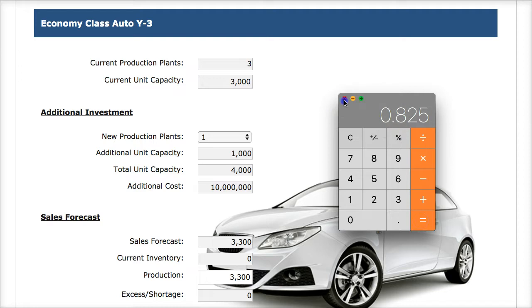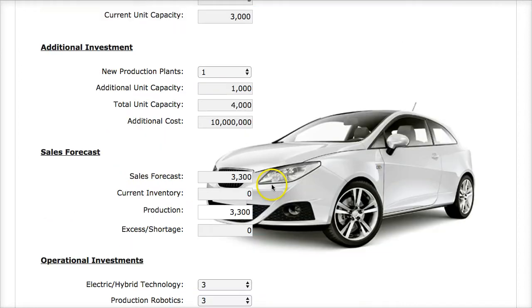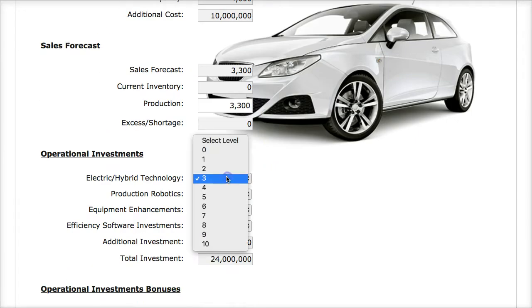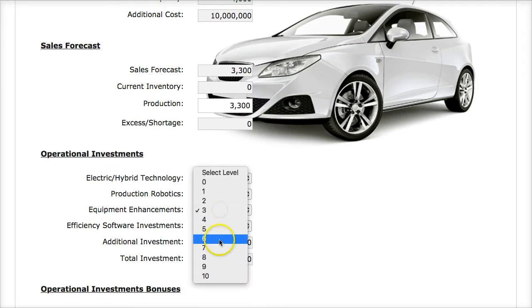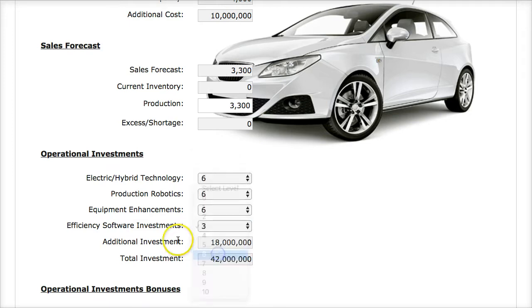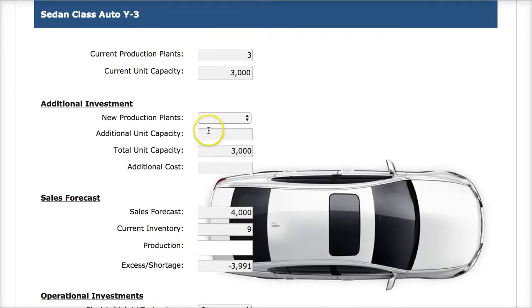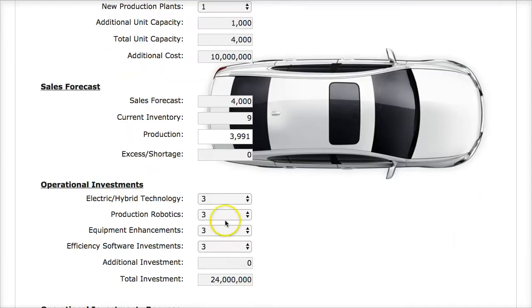Yeah, I try to stay above 80% of my capacity utilization. And now I'm going to increase my operational investments again, reinvesting some of that money. Here I'm going to have to buy another production plant for a total of $4,000 because I always want this excess shortage to be zero.